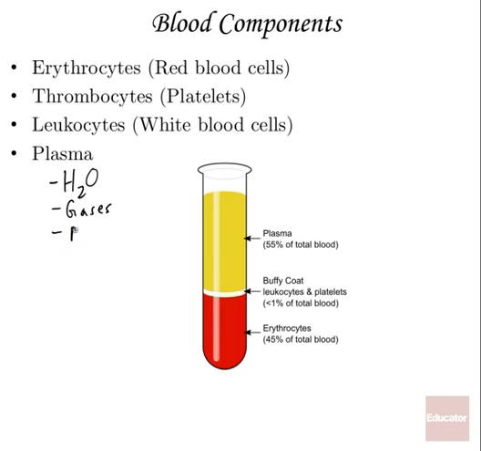You're going to have nutrients. All those molecules that are meant to nourish your body. Of course, on the flip side of that are wastes, those waste products that are going to be eventually excreted. And then on top of all of that, you're going to have hormones. That's how hormones get to all the different cells via the fluid of your blood.